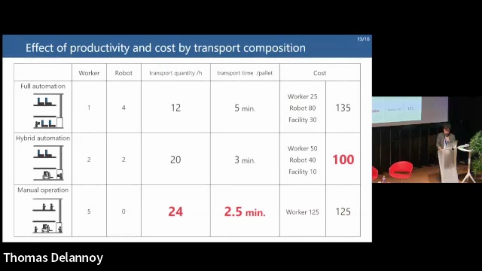The fully automated system has low productivity and high cost because of the cost of facilities in addition to the robot. The hybrid system has lower facilities cost and reasonably high work speed.